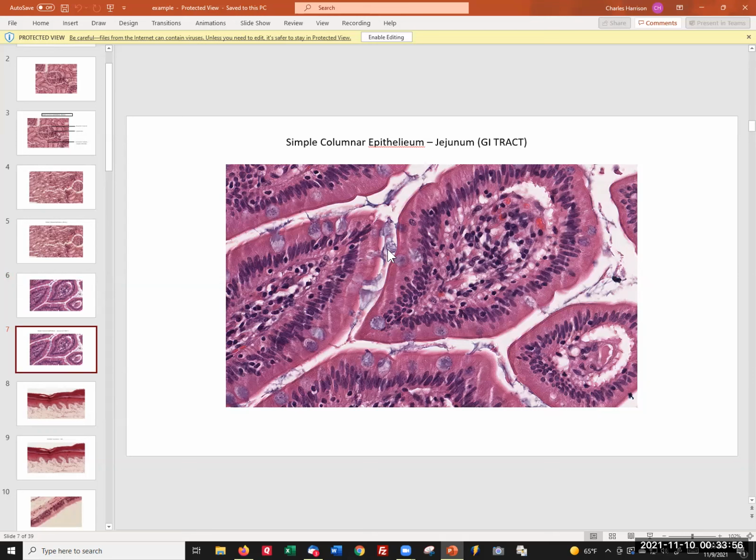Here's where you always have your worksheet out, so that you can add to the worksheet anytime you find something that might be of interest. The characteristic here is that the small intestine, which is the jejunum in part, is lined by simple columnar epithelium.